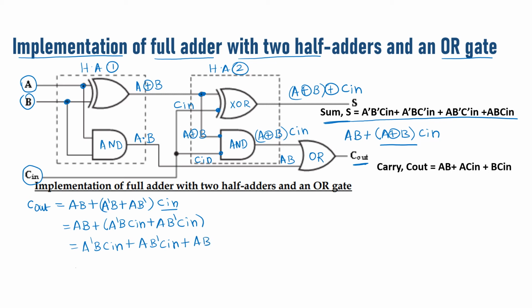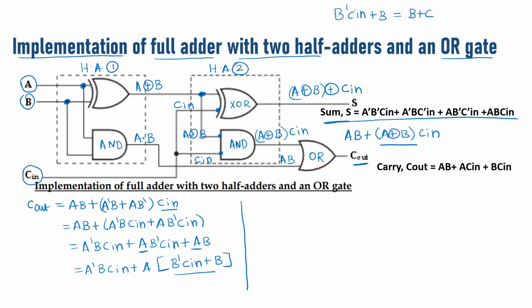So in this I can take A as a common. If I take A as a common, I'll get A dash B C in plus A into B dash C in plus B. This B dash C in plus B can be written as B plus C in.